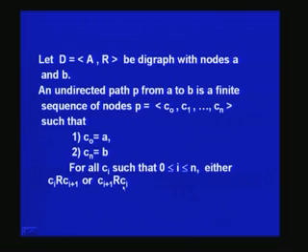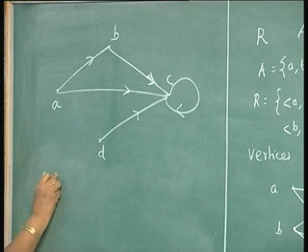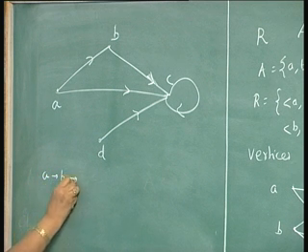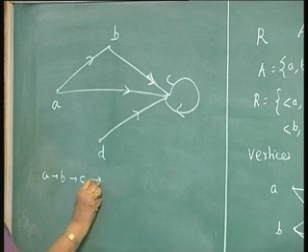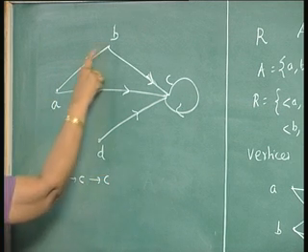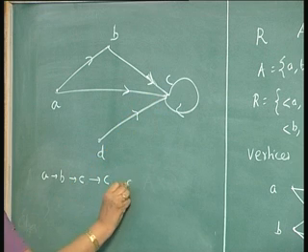Let us consider this same example. This is a directed graph. You have an edge from A to B, and you have an edge from B to C, and you have an edge from C to C. A to B, B to C, C to C. This is a directed path.